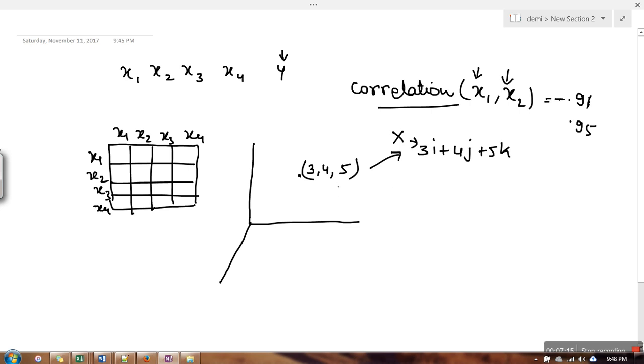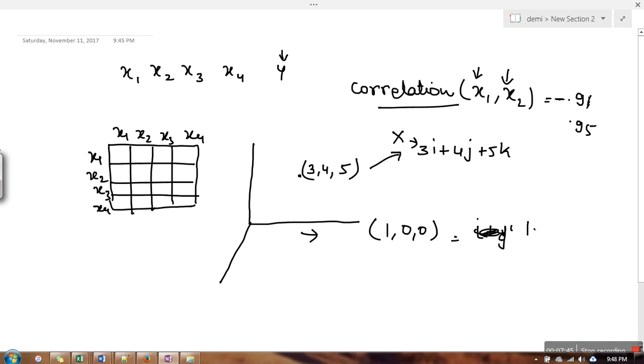Now if someone asks you what is the value of this vector in the direction of x, or in other words what is the projection of this vector in the x direction. As we know, in the x direction the unit vector is 1 0 0, or we can say it is i plus 0 plus 0.